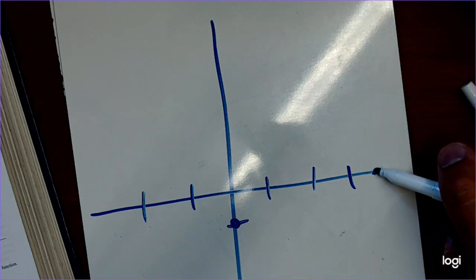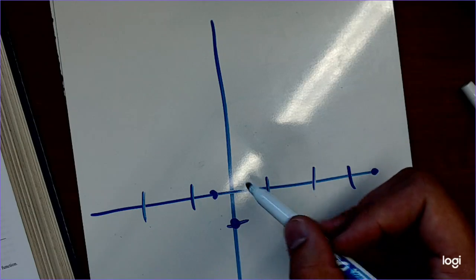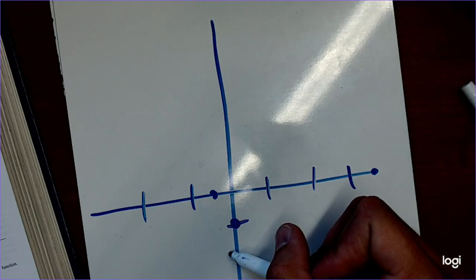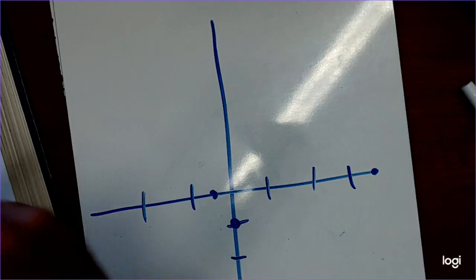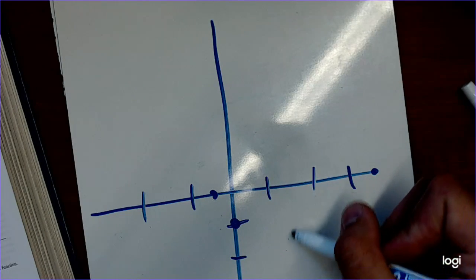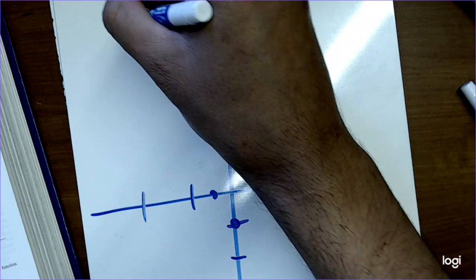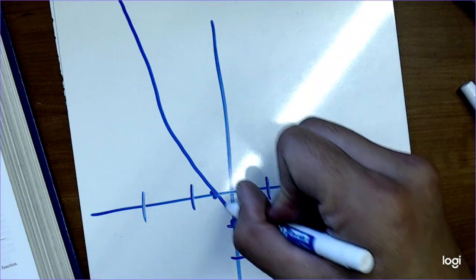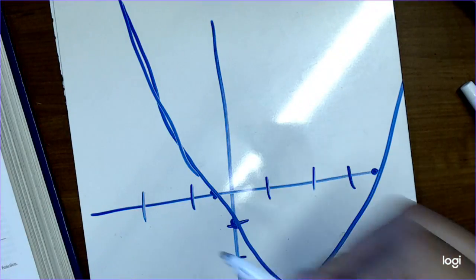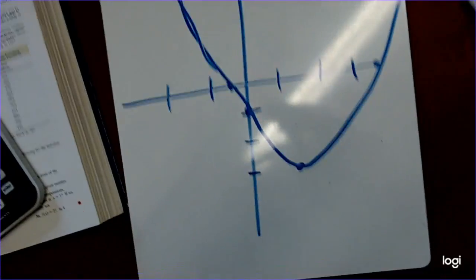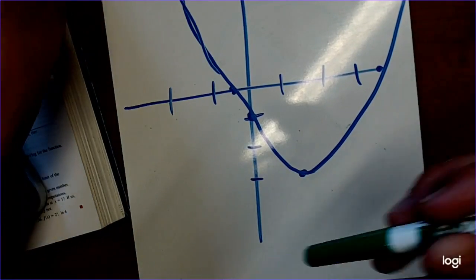Okay, there's the one x-intercept, here's the other x-intercept, and then if I go down -2, -3, it looks like we're right in between here. So it looks like we're right around there. My graph is kind of doing this. So there's my parabola.